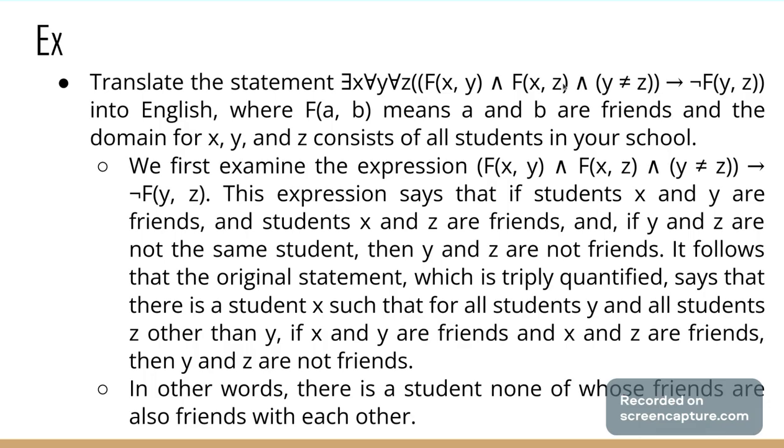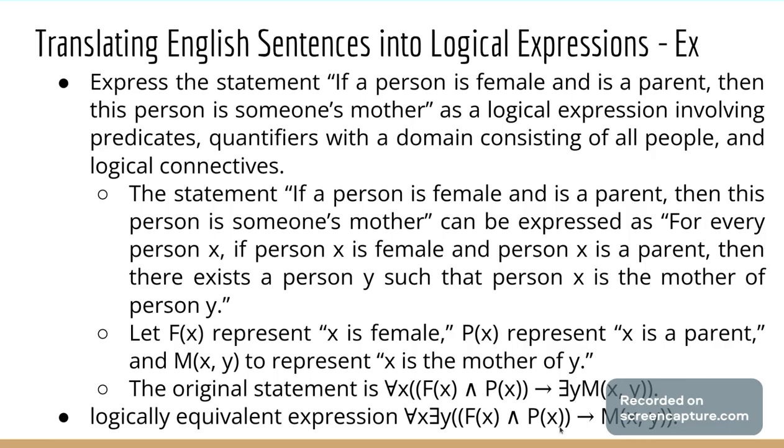Okay, so what does that mean? It means that there is at least one student X, none of whose friends are mutually friends. The student X has many friends, but those people are not friends of each other. That is what the statement means.